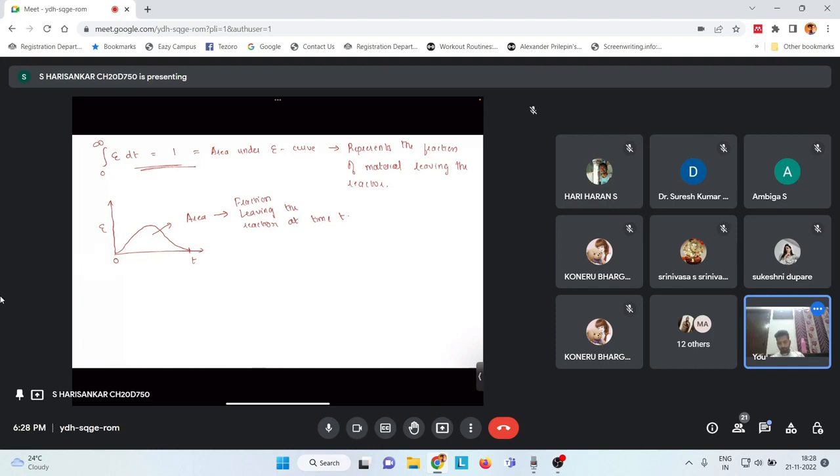Okay. So using this data or the residence time distribution, we can have what are called moments of RTD. There are basically three moments of RTD. So what are these moments? The first one will be mean residence time.